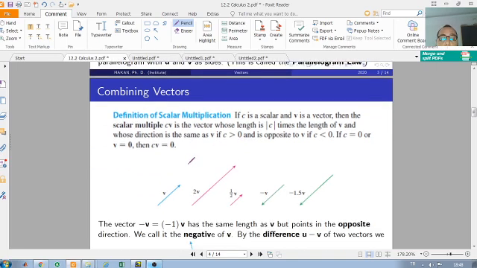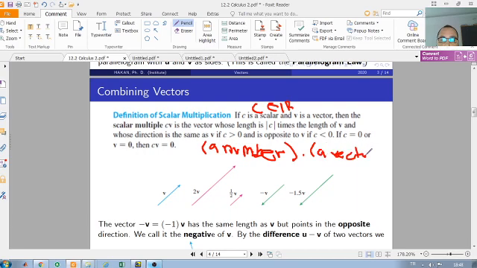We also have another operation, which is called scalar multiplication. If c is a scalar, namely a real number, and v is a vector, then the scalar multiple is denoted by c times v. We apply the operation for a number times a vector.